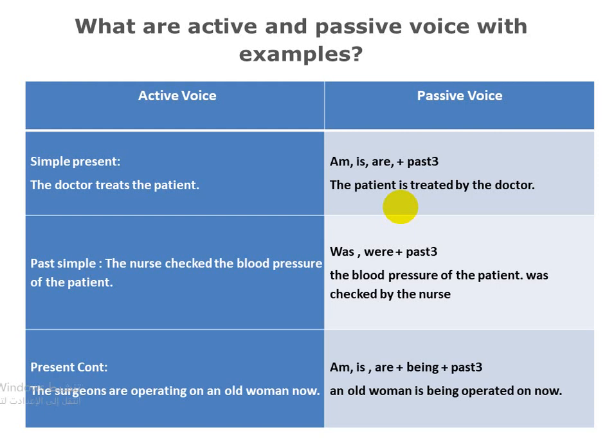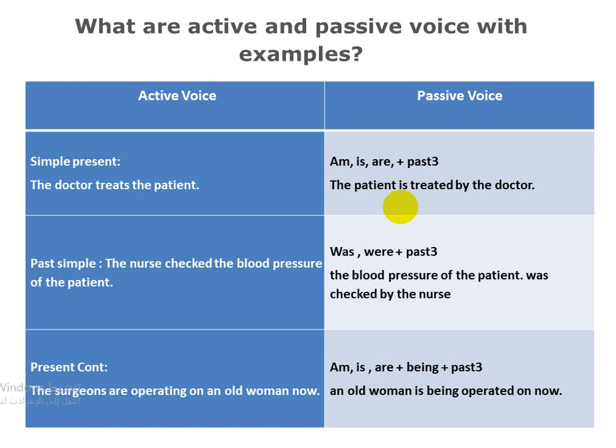The object. Okay, so an old woman is being operated on now. That means we have to begin with the object, an old woman, and give the verb, which is singular because it is singular.